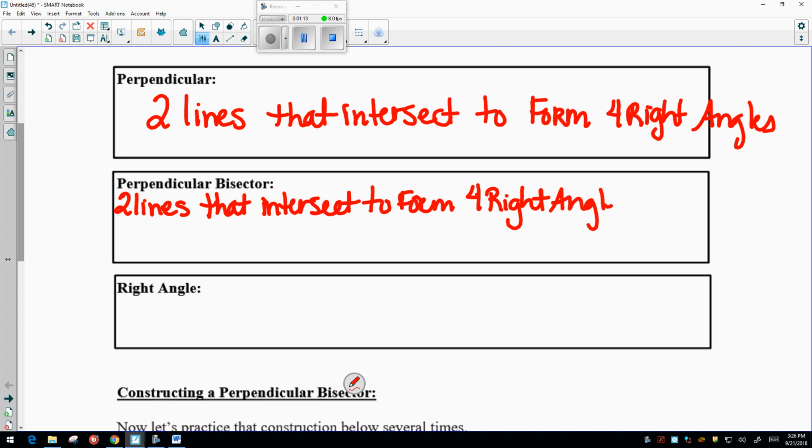So there's that perpendicular part. And it has to pass through the midpoint of a segment.